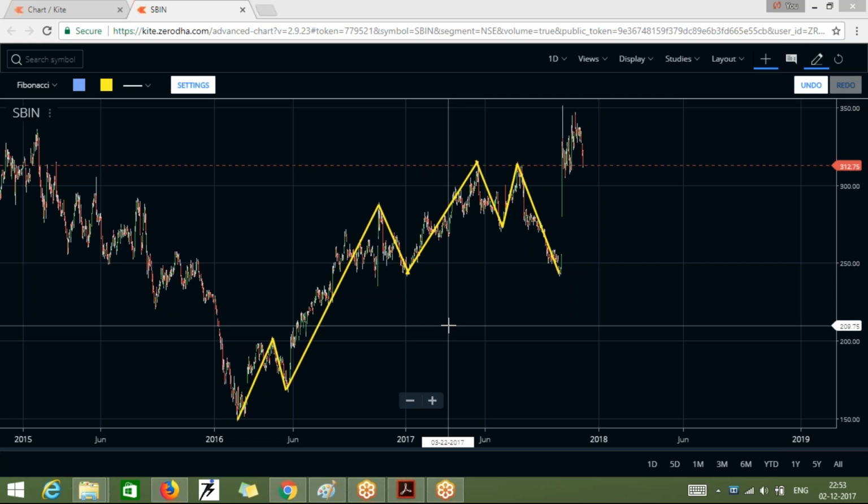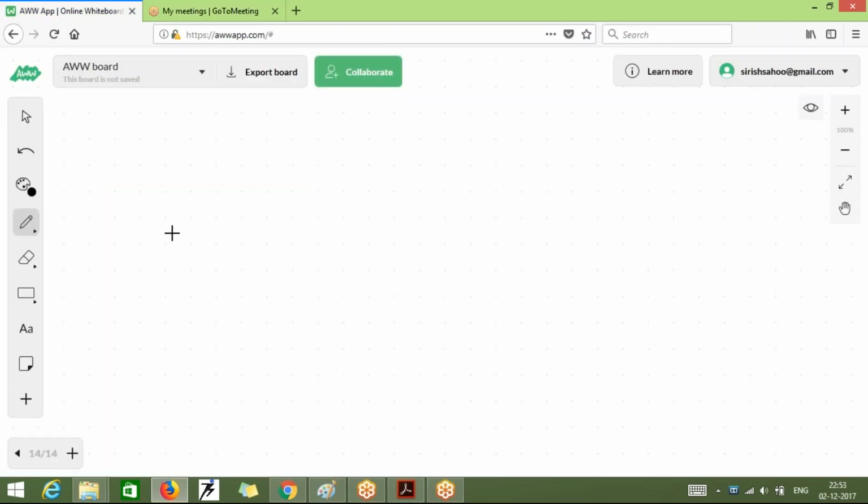So as per the rule, let me come to the rule book. As per the rule, what it's saying is, we are talking about the Fibonacci relationship of wave 5.